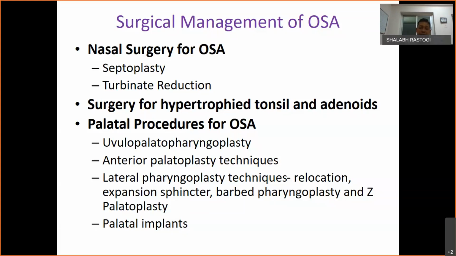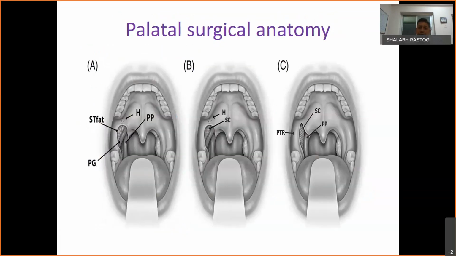If there is a lateral collapse, then the lateral pharyngoplasty techniques are available. The main four techniques available are relocation pharyngoplasty, expansion sphincter palatoplasty by Woodson, barbed pharyngoplasty, and zeta palatoplasty. Others are palatal implants. You can get questions on palatal surgery also.